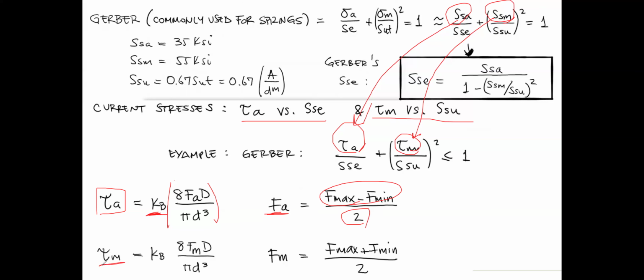And the mean shear stress equals KB, the parameter, with this term. The difference is that the force for tau A is the FA, and the applied force for tau M is Fm. And Fm equals the summation of the maximum and minimum force divided by 2.